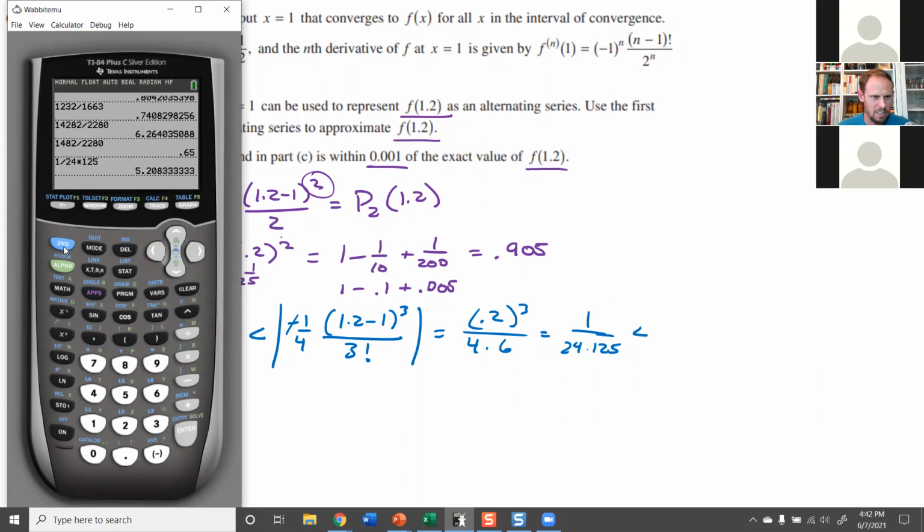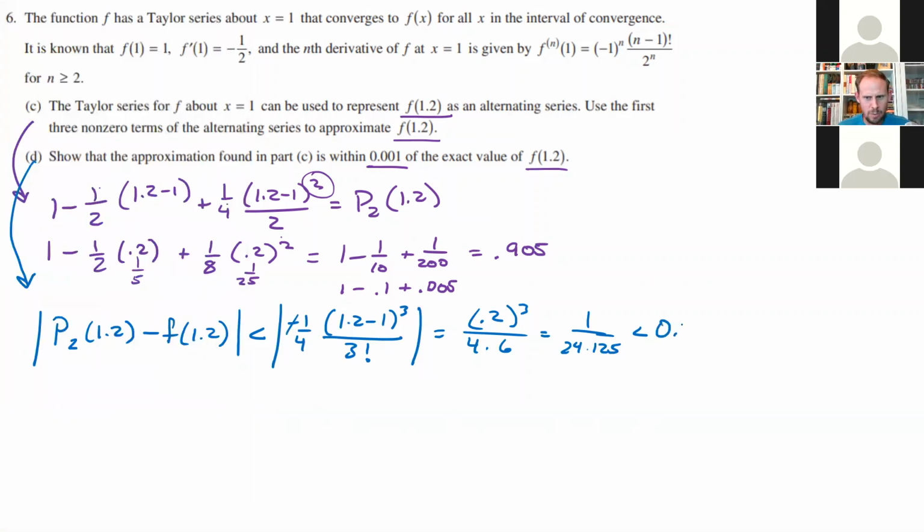Oops, parentheses. 1 divided by parentheses 24 times 125. There we go. Lots of zeros. So we're going to have 0.000333, which is less than 0.001. Hey, that's what we wanted.